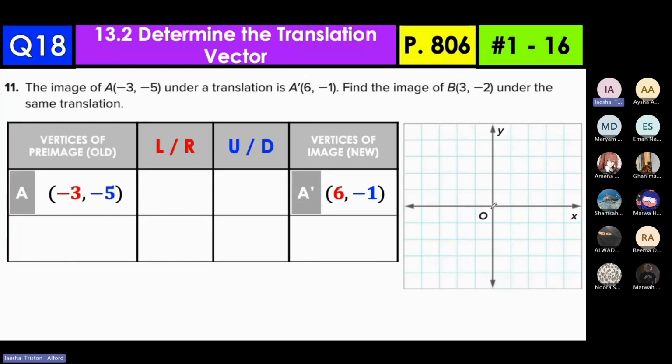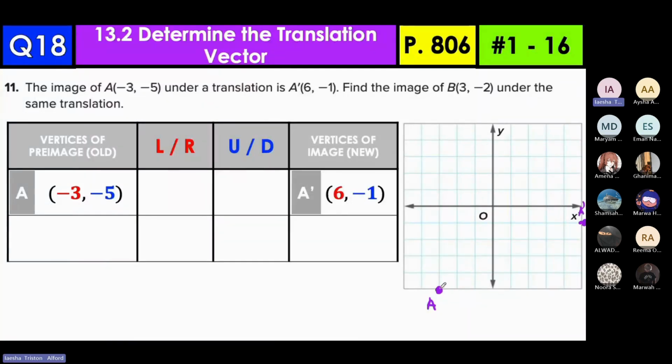A is 3 left and 5 down. This is A. And A prime is going to be 6 right and 1 down. So let's just say right here. I can't make it any smaller there, but let's just say A prime.